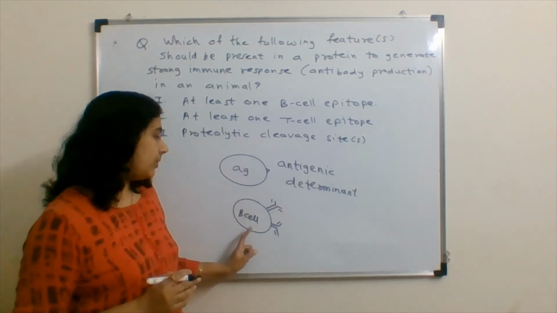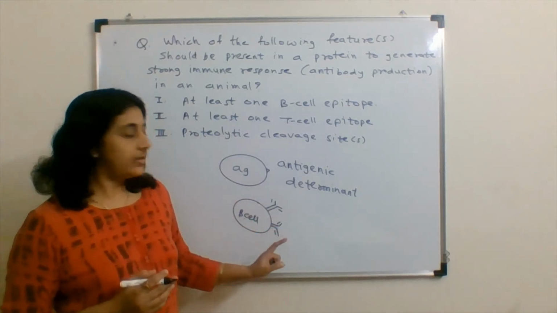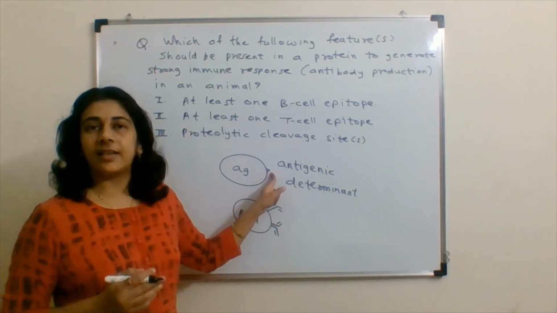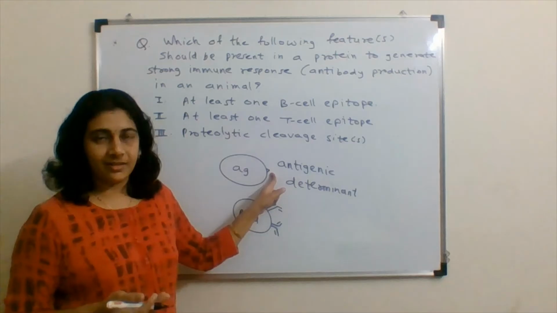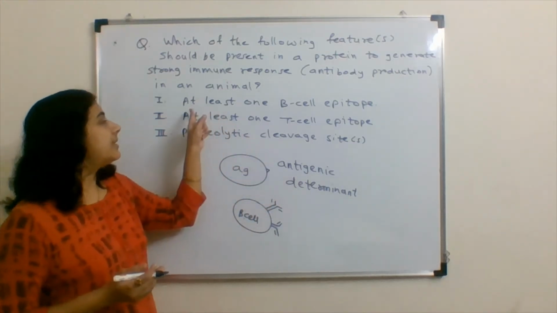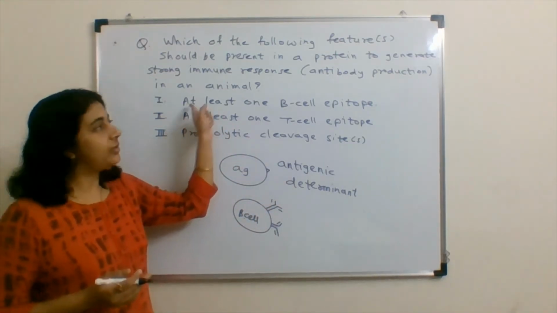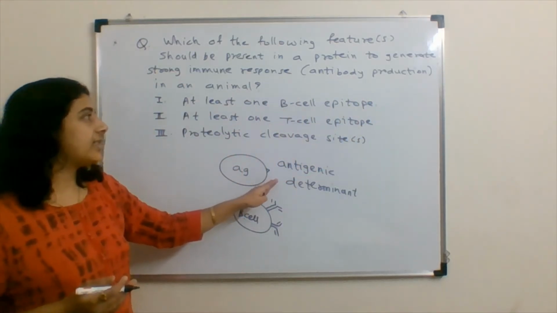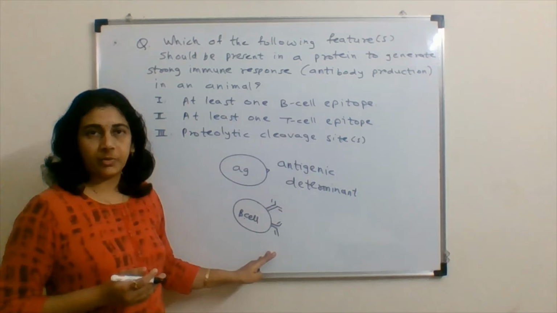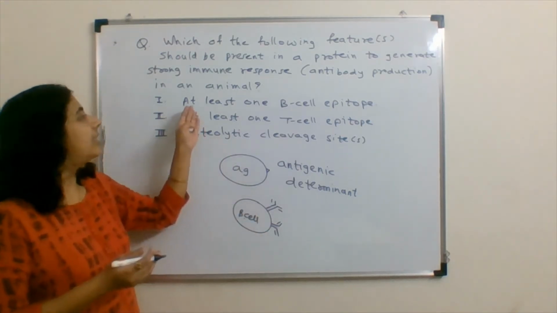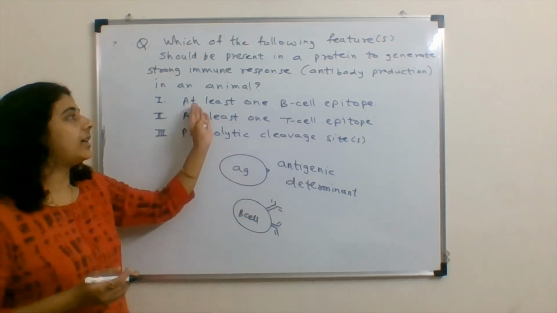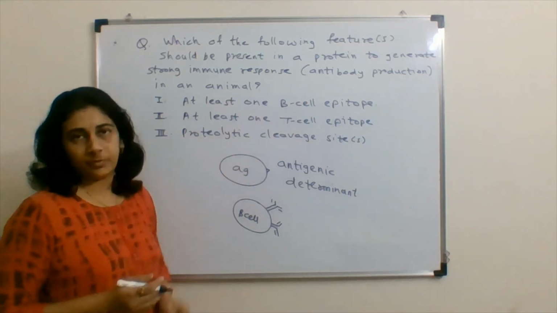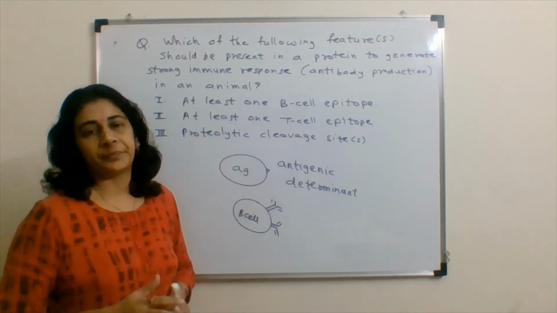So as to give immune response, these antibodies must recognize this epitope. So this condition is to be there to have an antibody production. The epitope must get recognized by antibodies. That means the antigen should have at least one B cell epitope.